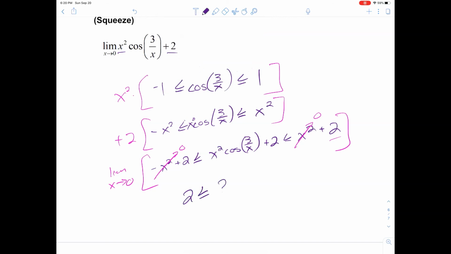It's sandwiched between, well, we don't know what the answer is here. We just know that it's the function that we care about. And the right-hand side, or the top end of the sandwich, is also a 2. So therefore, we can conclude that the limit as x approaches 0 of x squared cosine of 3 over x plus 2 is equal to 2.